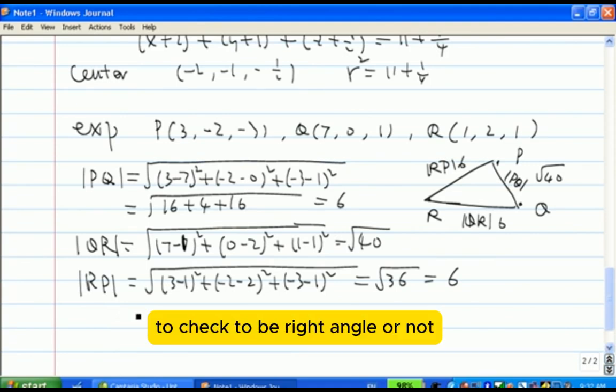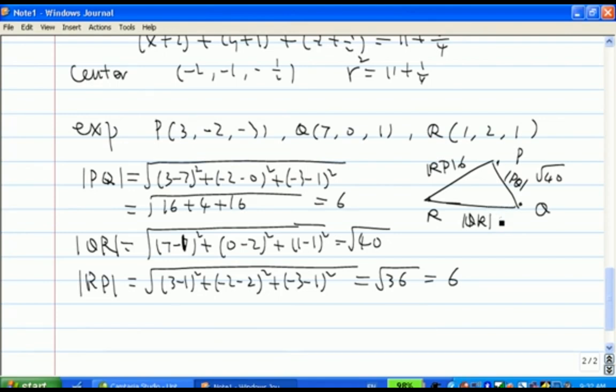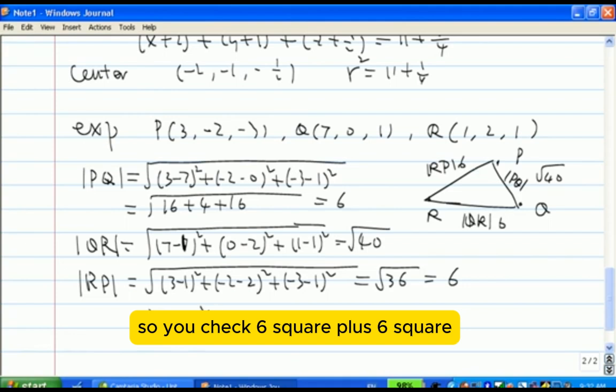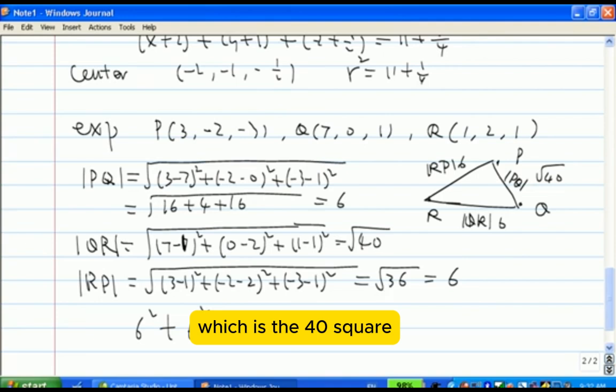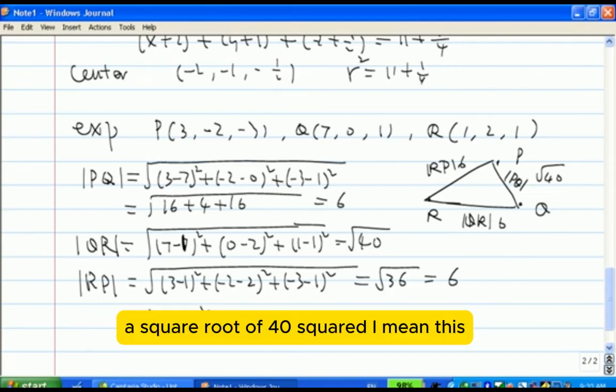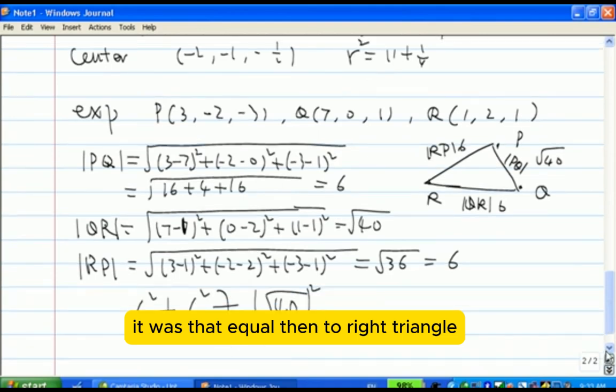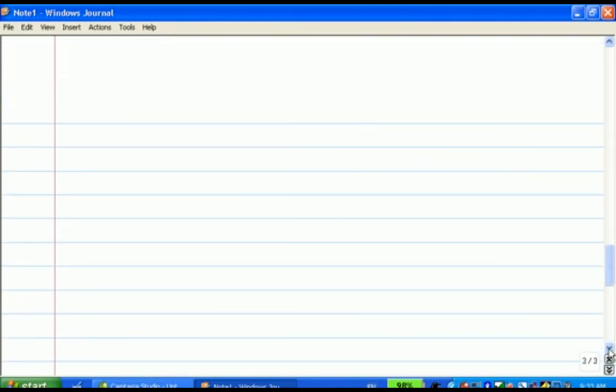Look at the two smallest lengths, for example 6 and 6. Check 6 squared plus 6 squared, and see whether that equals the largest length squared, which is the square root of 40 squared. If they're equal, then it's a right triangle. Otherwise, it's not. Okay.